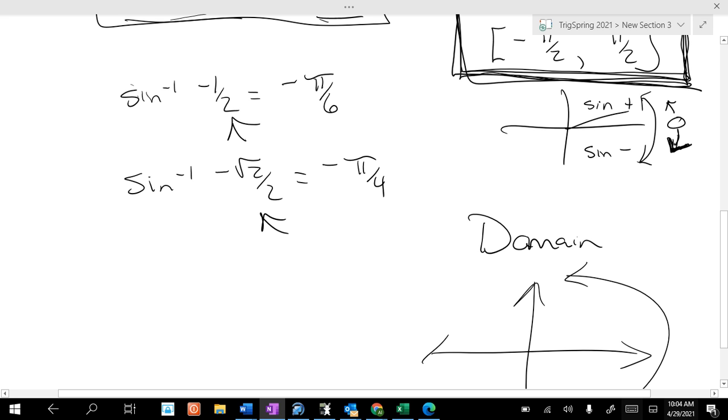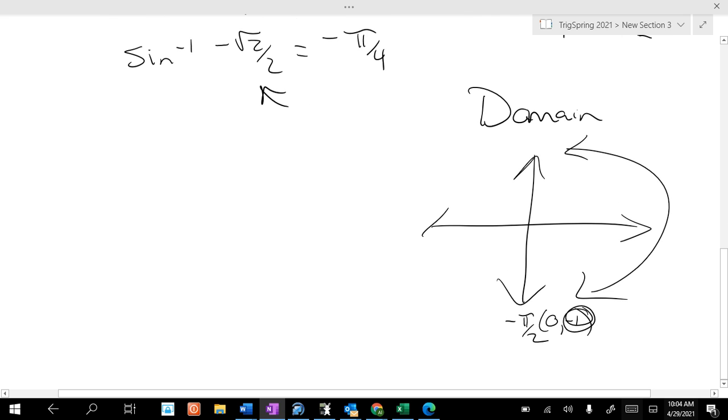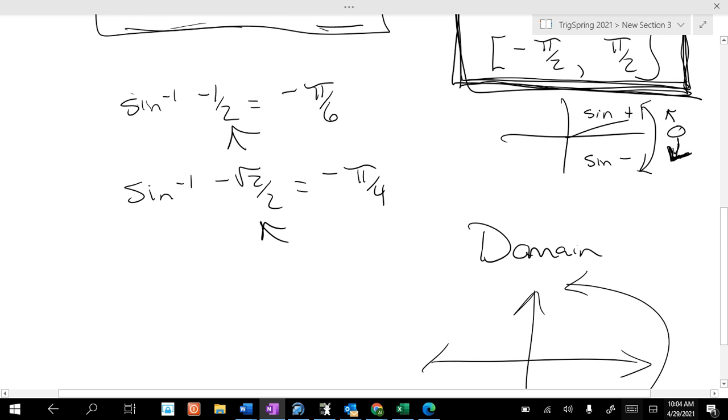So the lowest number that you can find the inverse sine of is negative 1. What's the highest number that you can work with? Positive 1, because you go all the way up to this point, which is 0, 1.